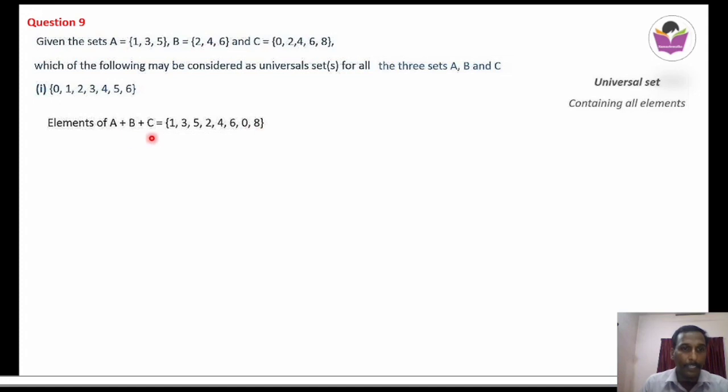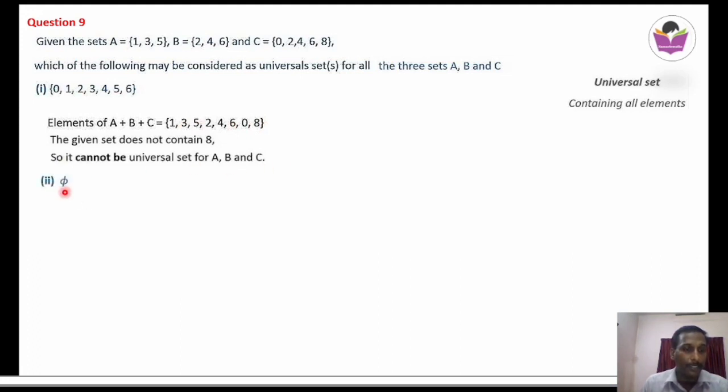So if you consider A, B and C together, these are the elements, and you have to check whether the given set has these elements or not. When you check, it is quite clear the given set does not contain 8. Even though the order is different and almost all the elements are there, 8 is not there. Because of that, it cannot be a universal set.